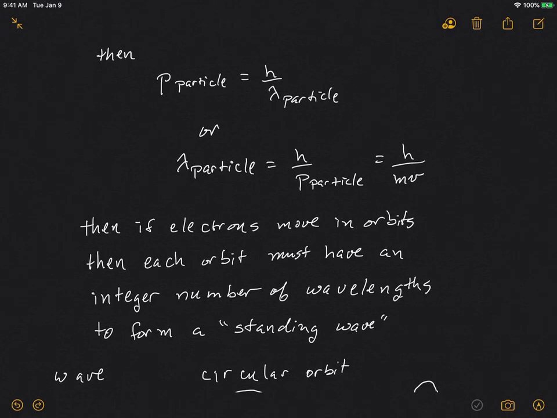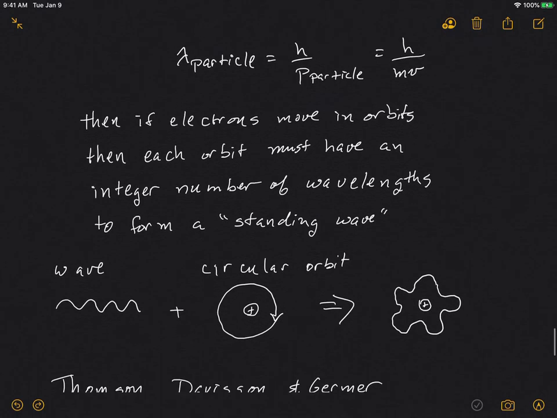And so, sort of trying to put this into a picture, if we have a wave, a little wiggly line here, and we try to wrap it around a circular orbit, then we're going to get this kind of blobby looking thing that has a bunch of waves wrapped around a circle. And because the head sort of has to meet up with the tail, then you're limited to some integer number of wavelengths per orbit, whether it's 1, 2, 3, and so on.